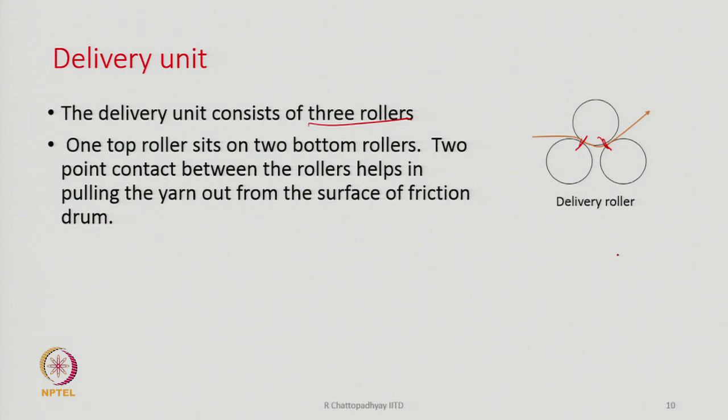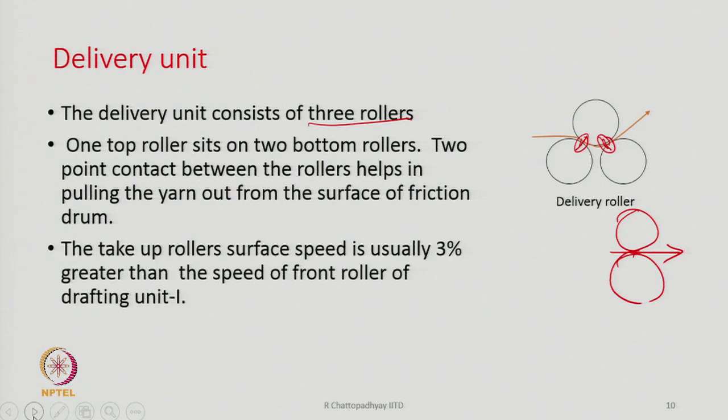Just having 2 rollers grip the yarn is not sufficient to pull it at such a high speed; there is a possibility of slippage. To avoid that, we have a 3 roller system with a nip zone over here and another over here. The yarn is gripped at 2 points and then pulled out, to avoid slippage.